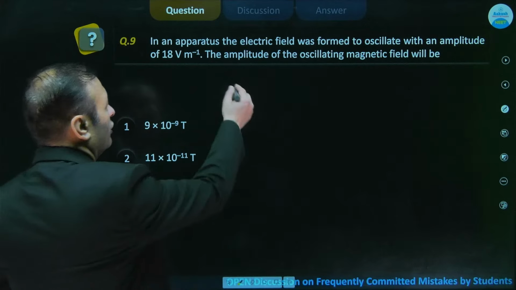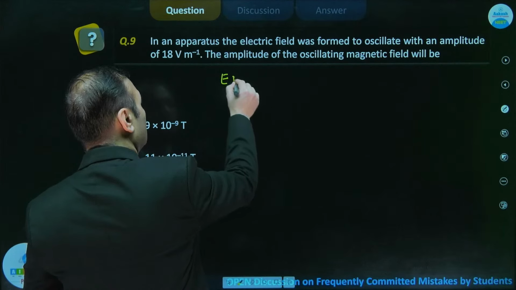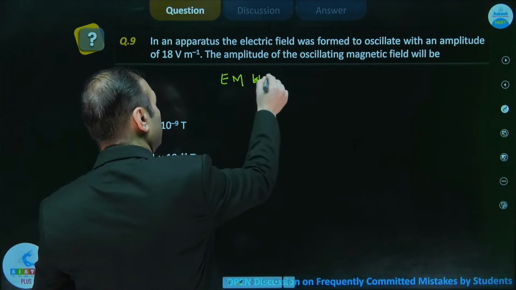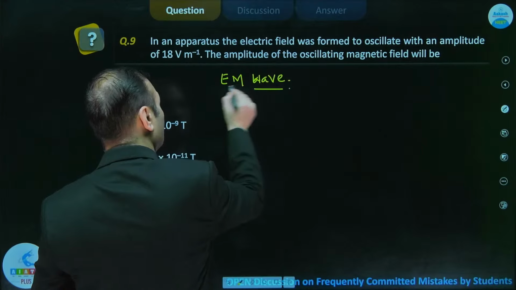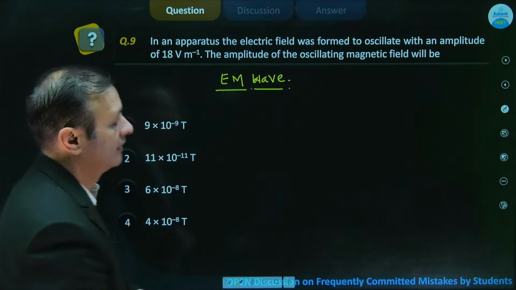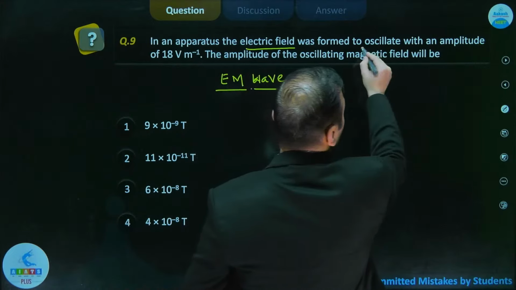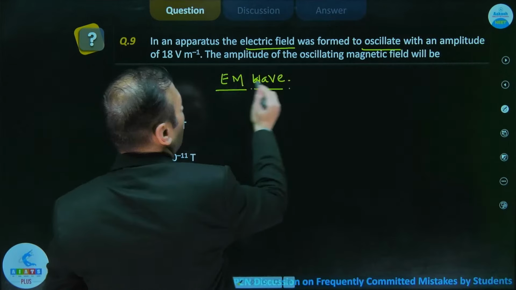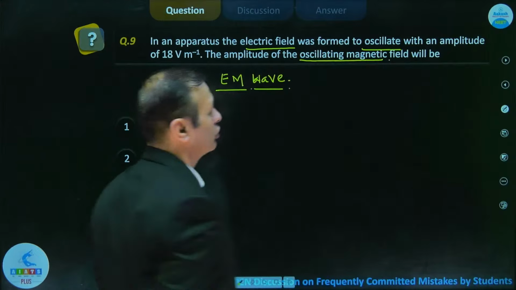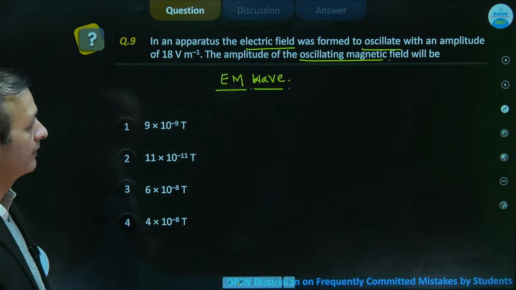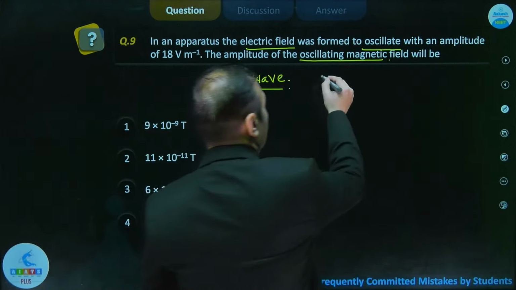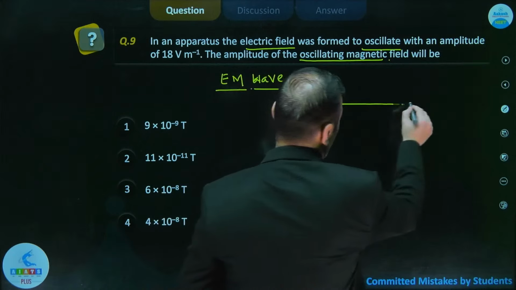So when we are talking about an EM wave, there is a clear hint: we have an electric field oscillating and a magnetic field which is also oscillating. An EM wave is a transverse wave.